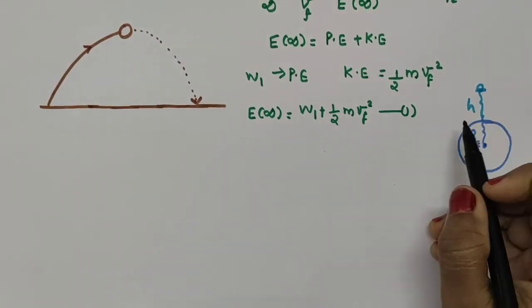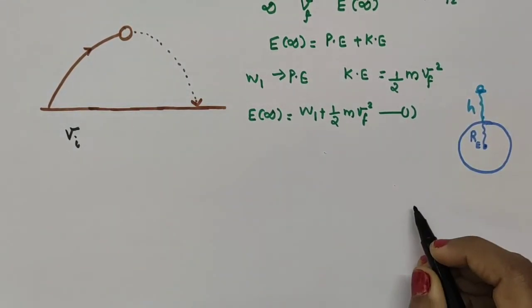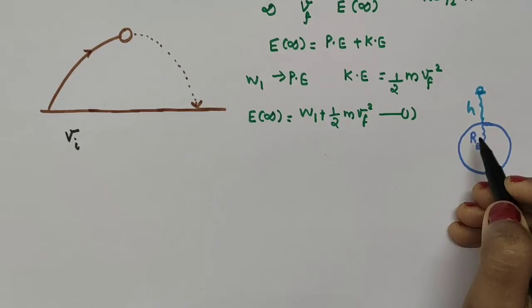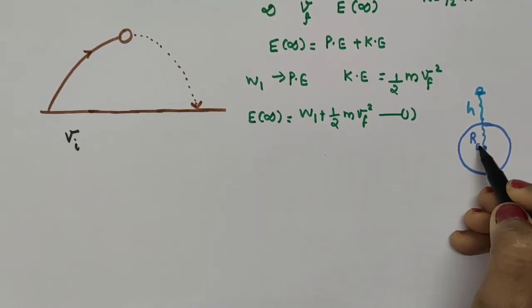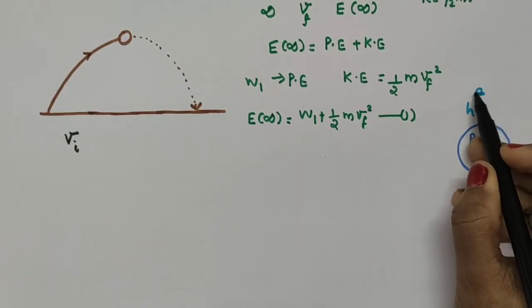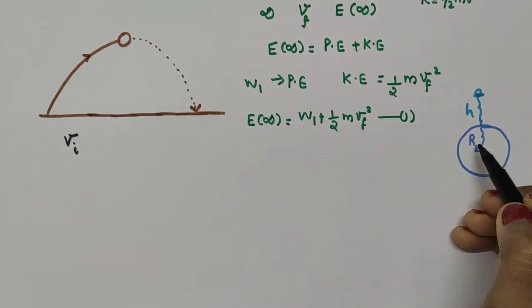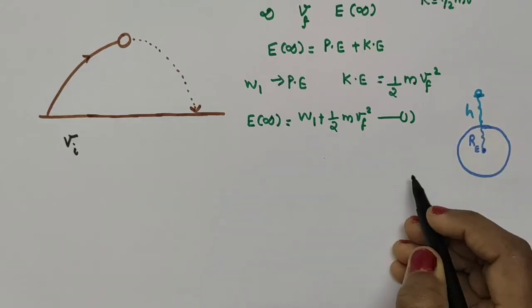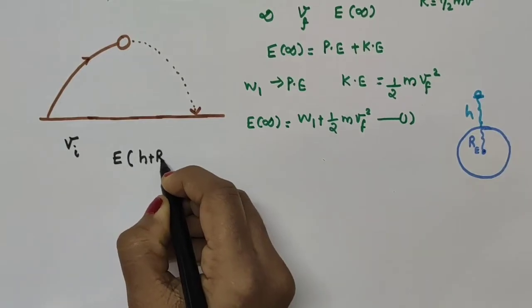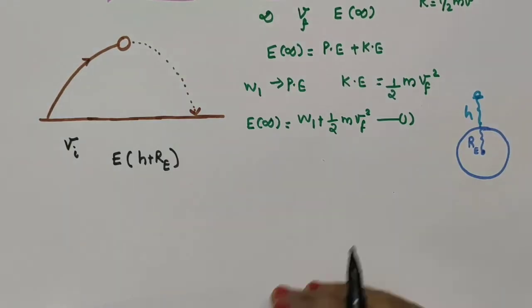Now, see, if the object was thrown initially with a speed v subscript i from a point at a distance h plus re from the center of the earth, where re is the radius of the earth and h is the height from the surface of the earth, then the initial energy of the object can be written as E of h plus re, because the object is initially at this point, which is h plus re distance away from the center of the earth.